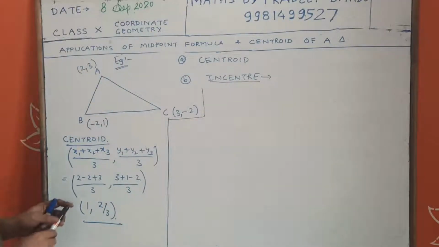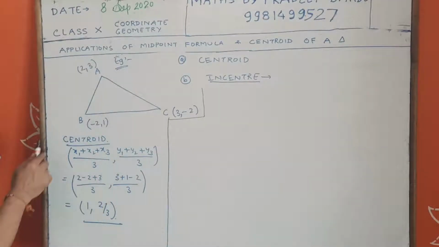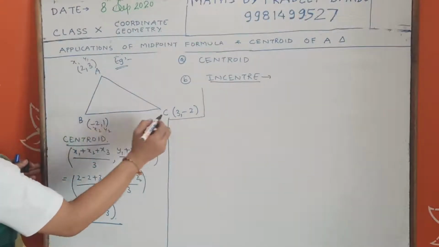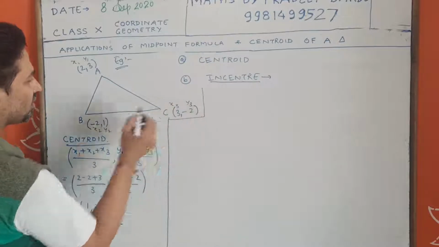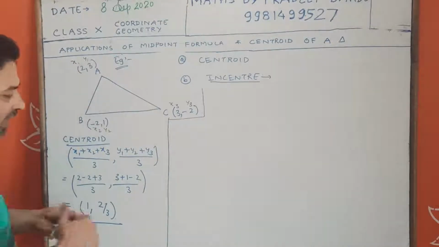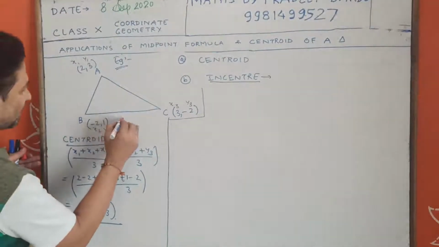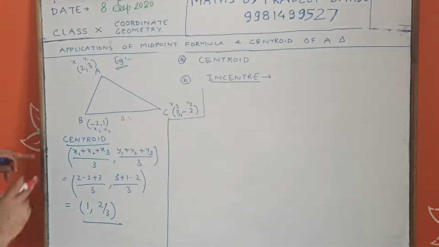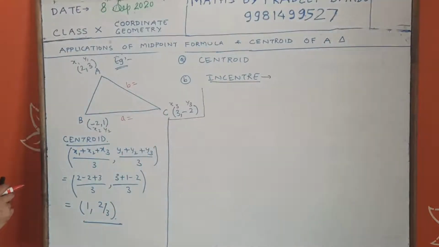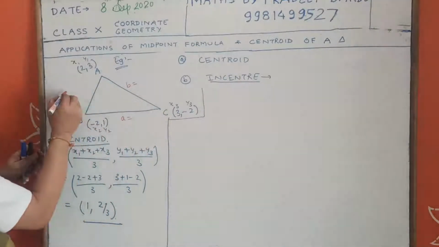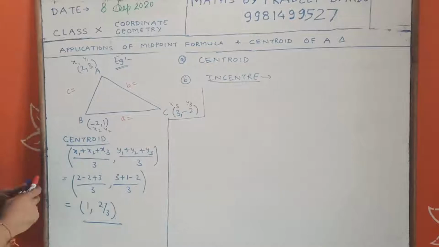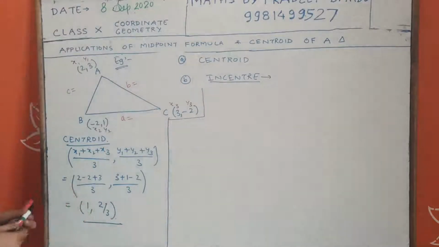Now let's see how to find the incenter of the triangle. The formula we just discussed: ax1, here we write this is x1 y1, the other one is x2 y2, and this is x3 y3. We said the opposite of A is small a, so here we will find the length of BC using the distance formula. The opposite of B is small b, meaning we find the length of AC using the distance formula, and the opposite of capital C is small c. So we'll find the length of AB, that will be c, using the distance formula.